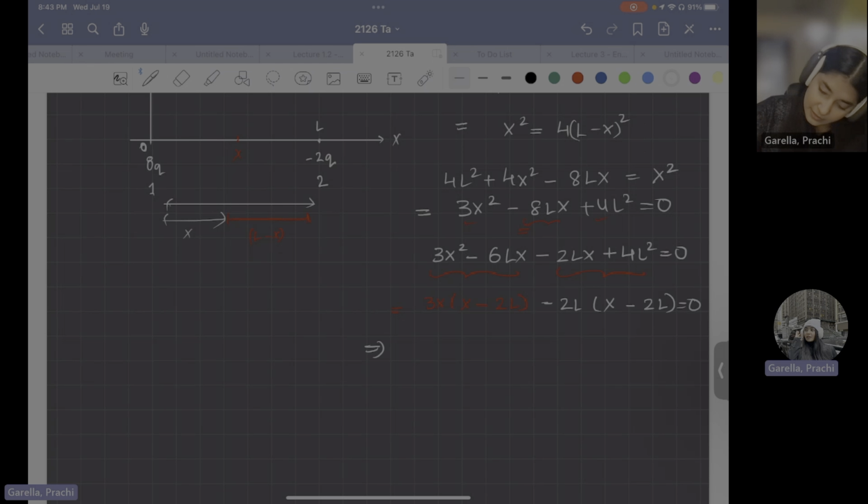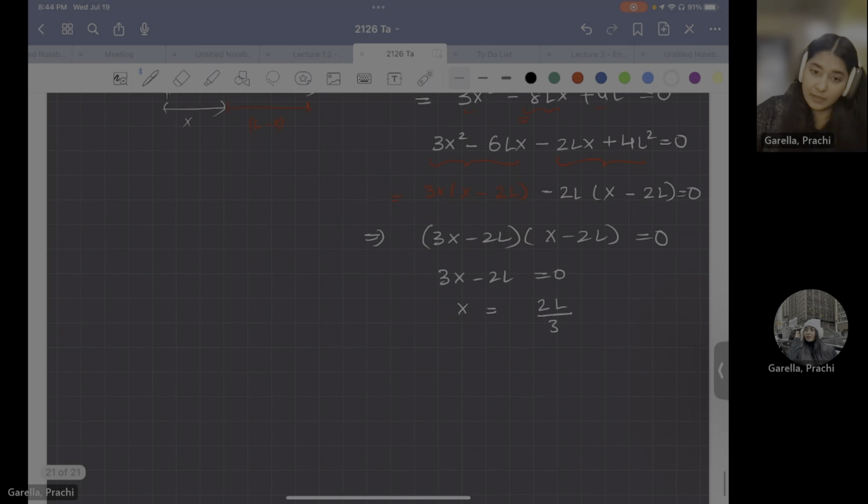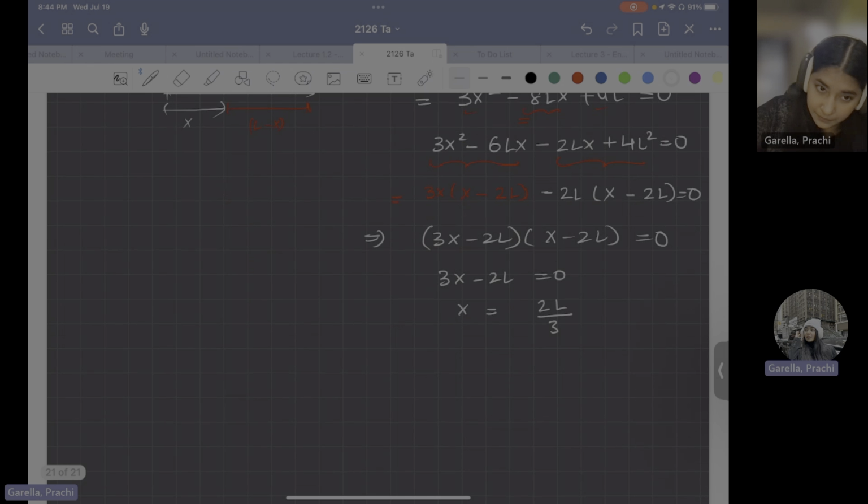We can write this as (3x minus 2L)(x minus 2L). So this gives us two solutions: 3x minus 2L equals 0, giving x equals 2L over 3. And the other one is x minus 2L equals 0, x equals 2L.